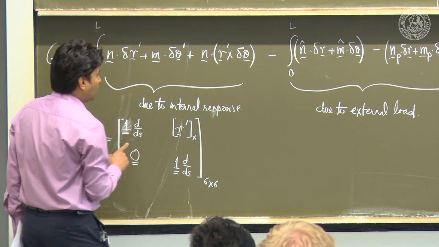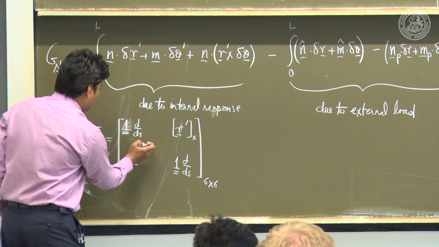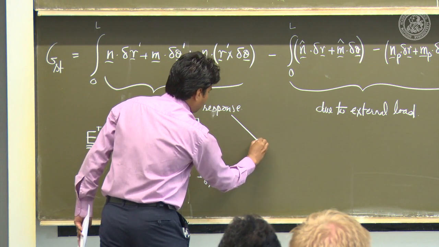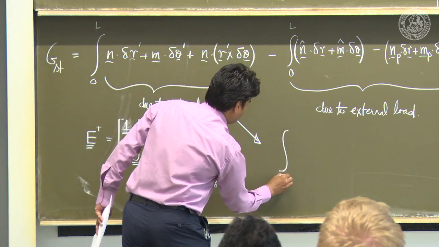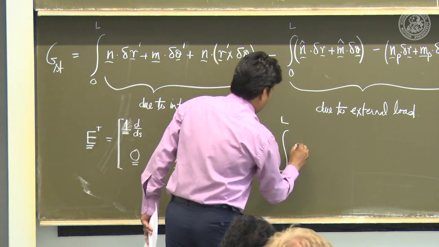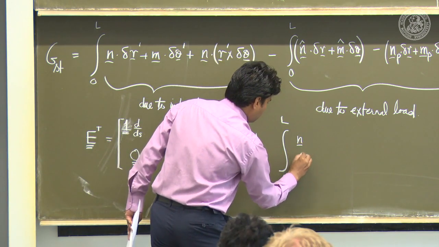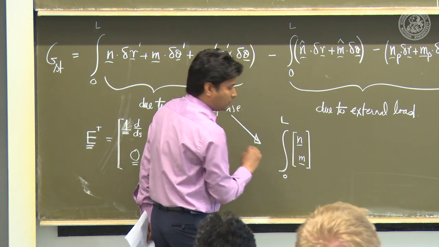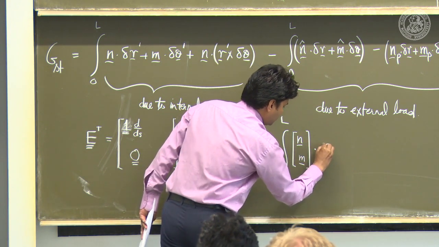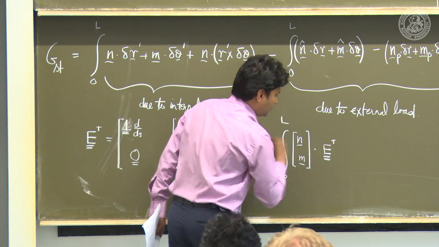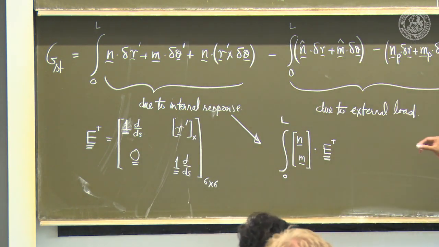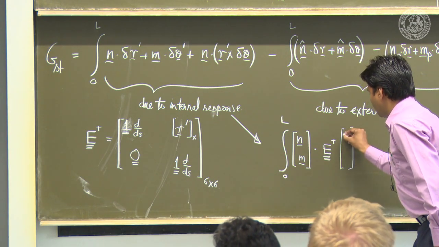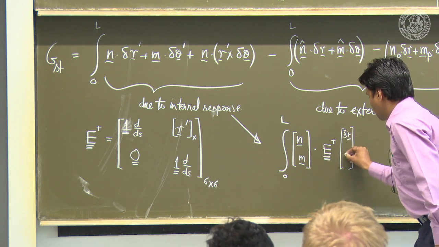All right. And what you would see is that when I use this operator here, then this term could be written as integral from 0 to L of n m dot E transpose del r del theta.